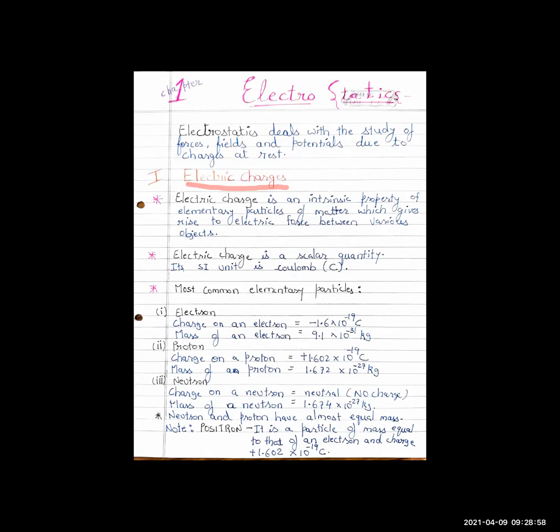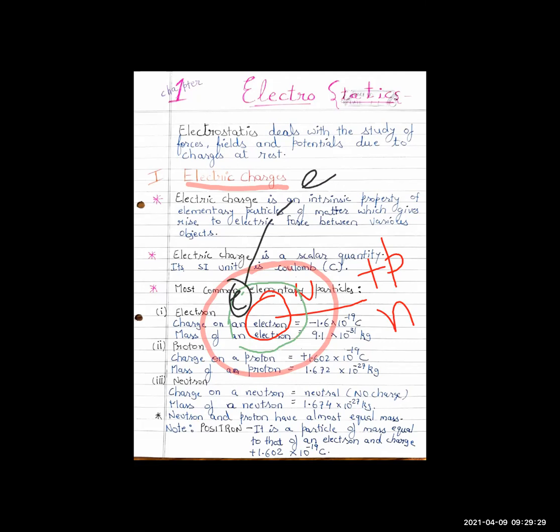So children, we all know that the atom consists of a nucleus in the center, and inside the nucleus we have positively charged protons and neutral neutrons, and around the nucleus of the atom, in the orbit, the electrons are revolving, and these electrons are negatively charged particles, right?